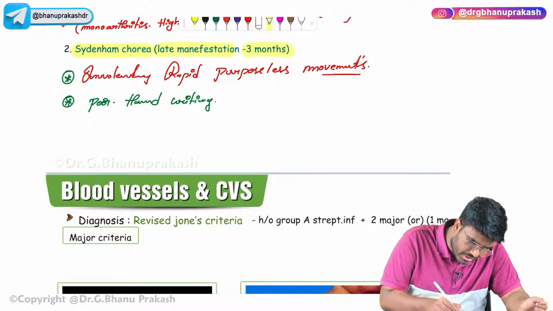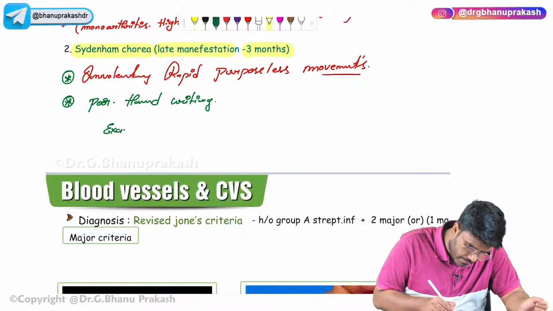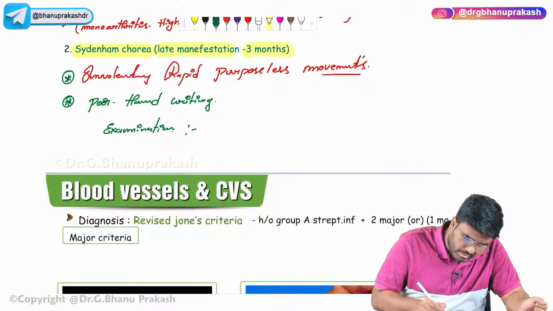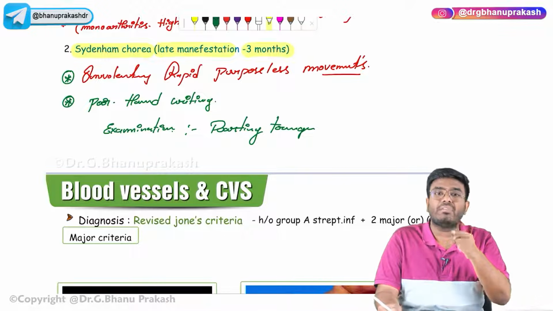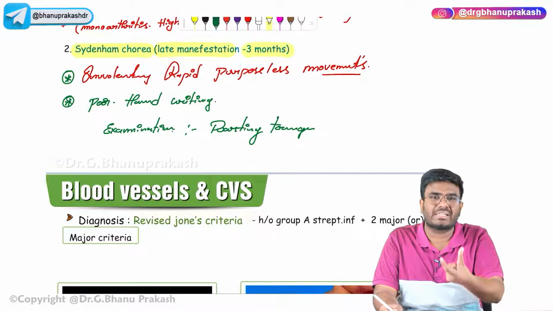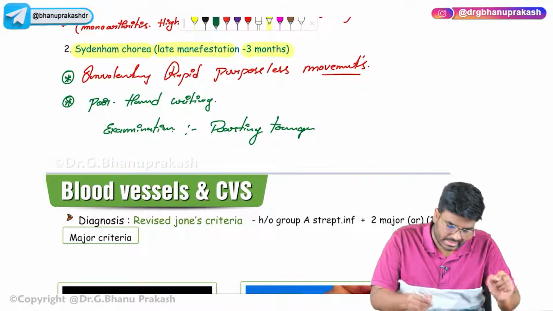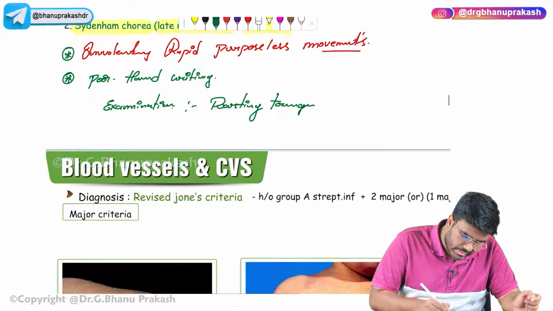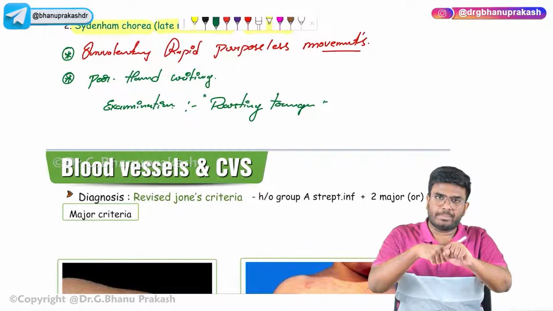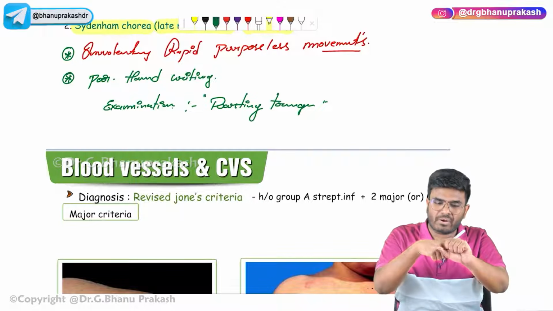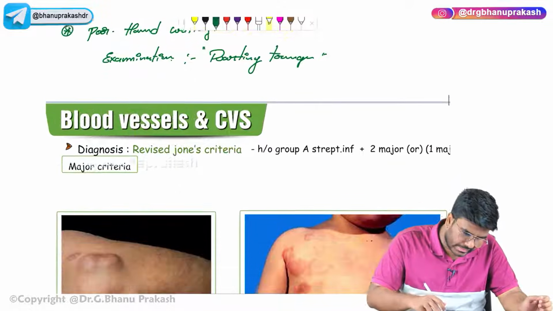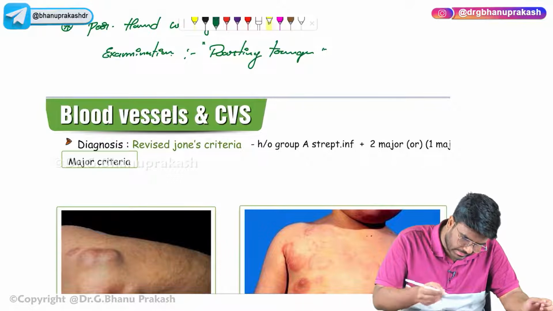Whenever you do the examination, there will be a darting tongue. Because of involuntary movements, when you ask the patient to show the tongue, it's going to be like a darting tongue. Okay, it's moving, like a snake. If you ask the patient to have a grip, he cannot have a powerful grip. Okay, there will be a darting tongue and milkmaid grip.